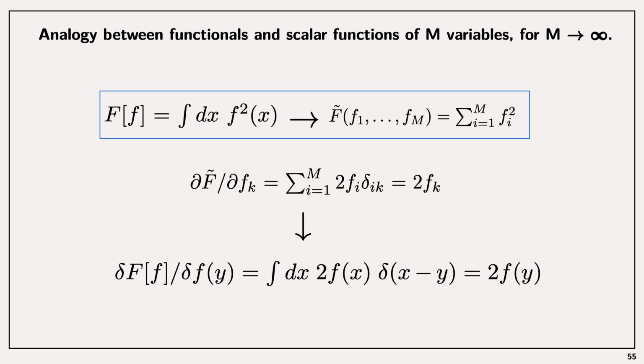We can see that the functional derivative now is simply equal to these terms, right? Where I replace the derivative by 2f of x, and I obtain 2f of y. So the functional derivative of the integral of dx f squared of x is 2f of y, when the functional derivative is, of course, calculated at point y.